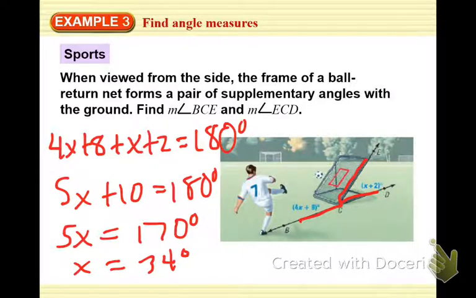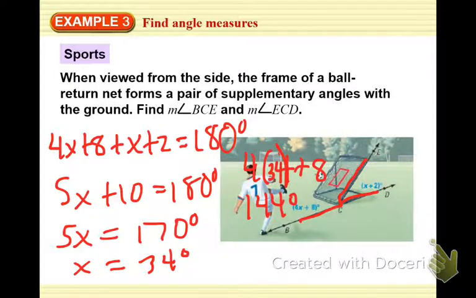So I go back to the 4x plus 8. Instead of writing x, we'll put in 34. So 4 times 34 plus 8. That's 136 plus 8, 144.